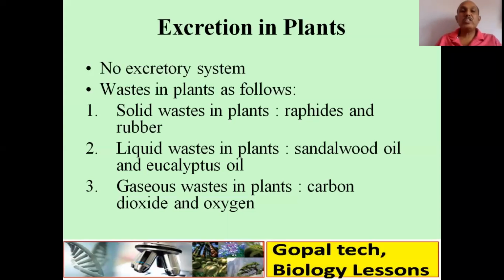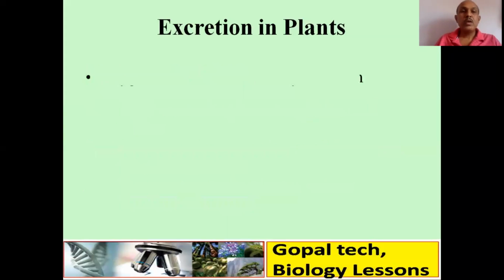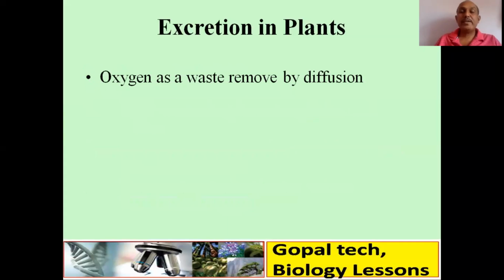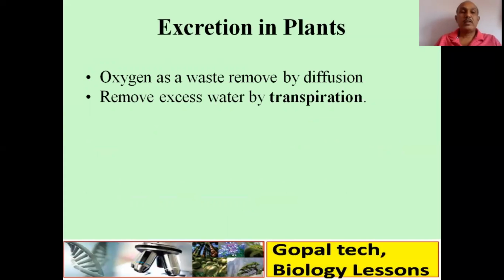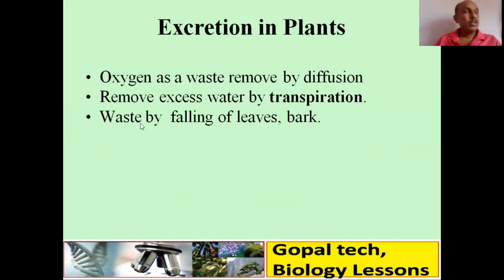Now, how are these wastes removed? Oxygen is a waste removed by simple diffusion through stomata. Excess water plants remove by transpiration, again through stomata. Waste deposited in the leaves and in the bark is removed when the leaves fall and the bark falls.